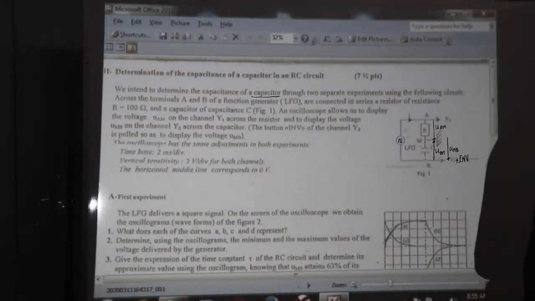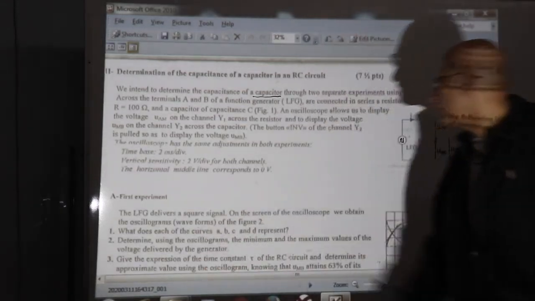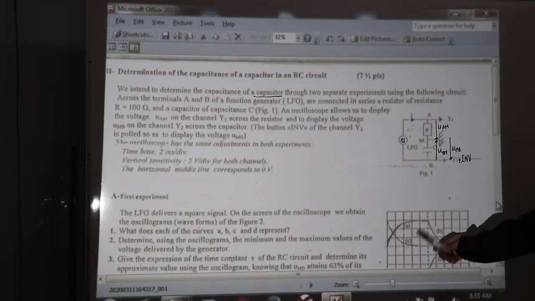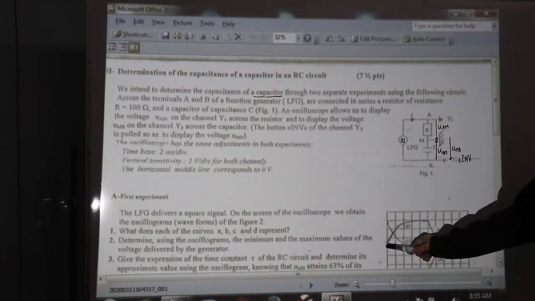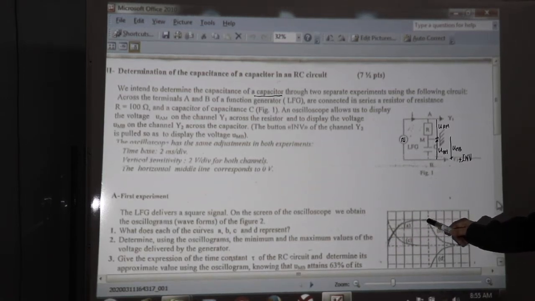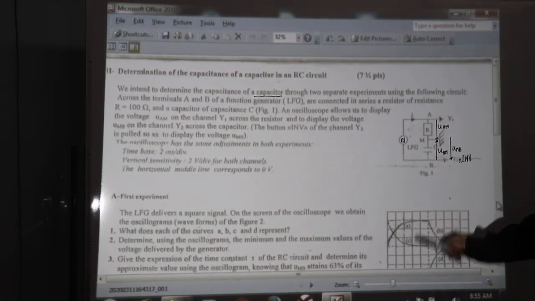He is asking, what does each of the curves A, B, C, and D represent? Okay, let's look at A. As you see, in A the voltage is increasing from 0 until it becomes maximum and constant.